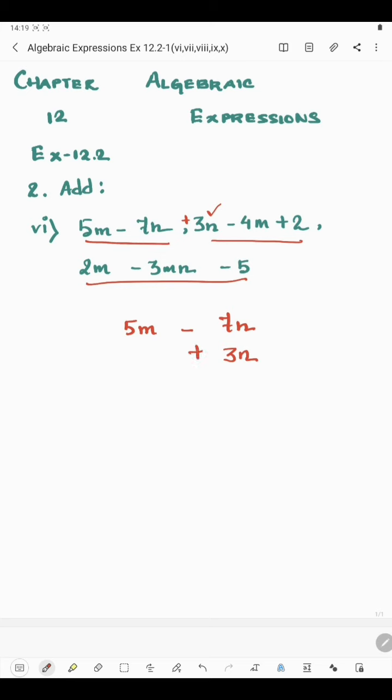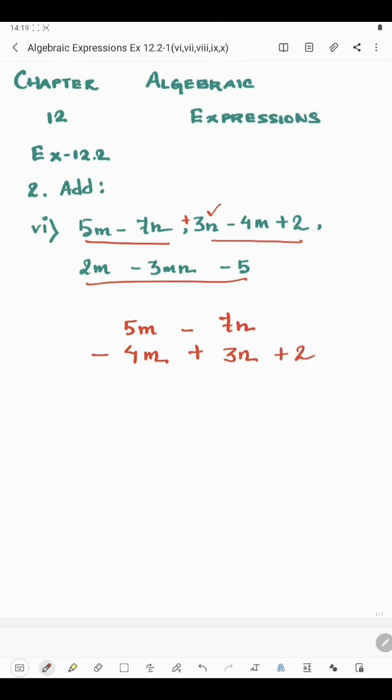Okay, now minus 4m, so 4m is here, so we will have to write minus 4m. Plus 2 is the constant and we haven't got a constant yet, so we will just put it at the end along with the sign.